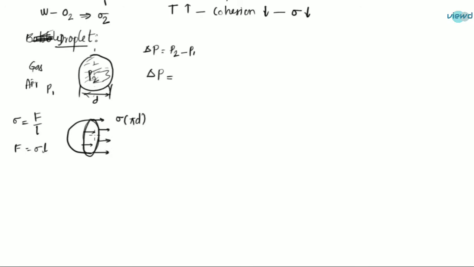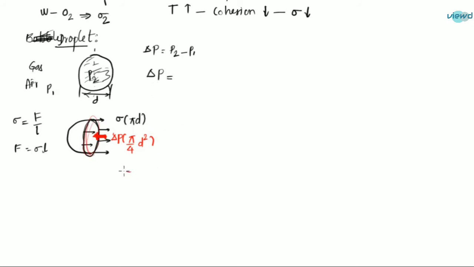And there will be force due to that pressure difference. That force is delta P into pi by 4 d square. So the area on which this pressure difference is acting is the projected area of this circle.